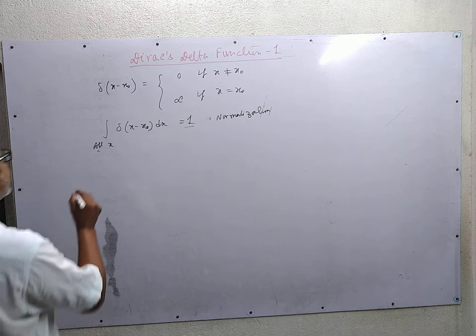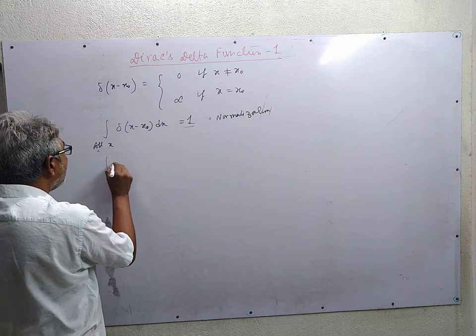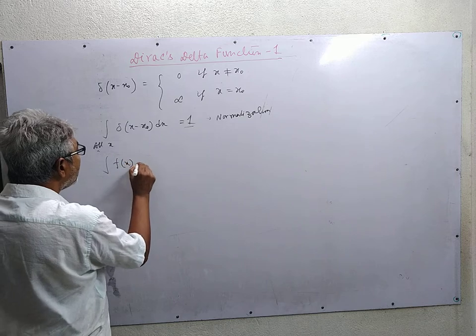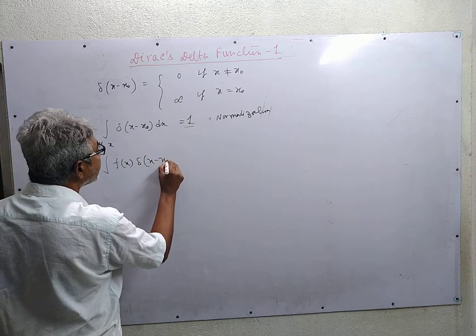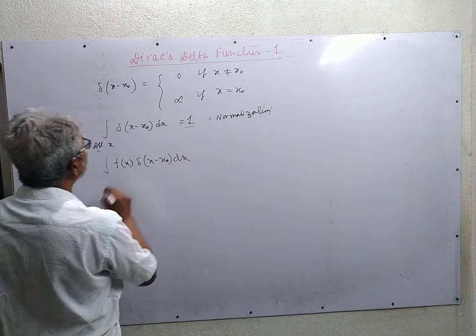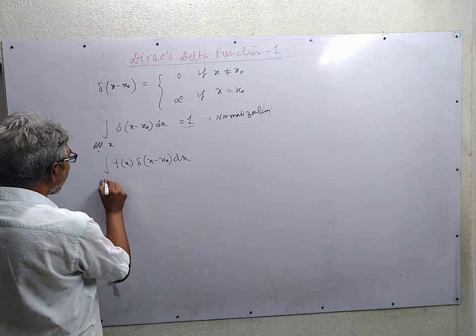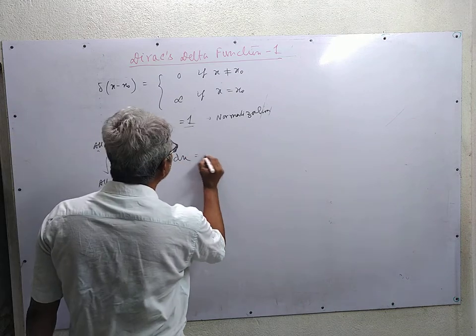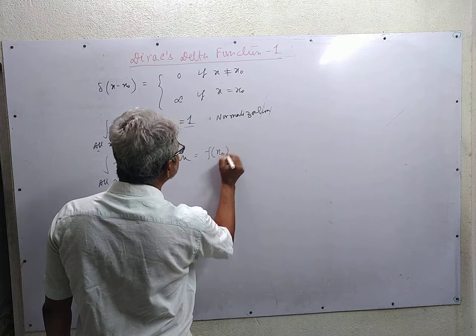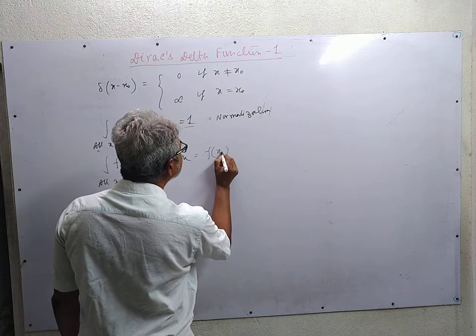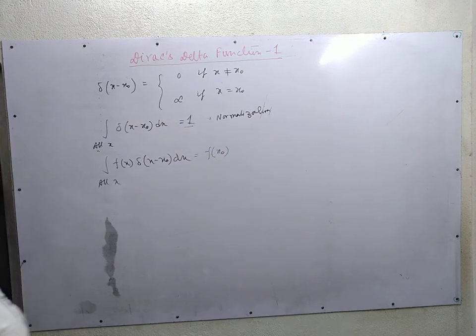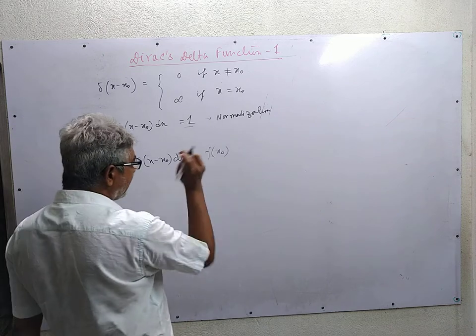By shifting property we mean that the integral of f(x) δ(x − x0) dx over all x is equal to f(x0), where f is a continuous function.